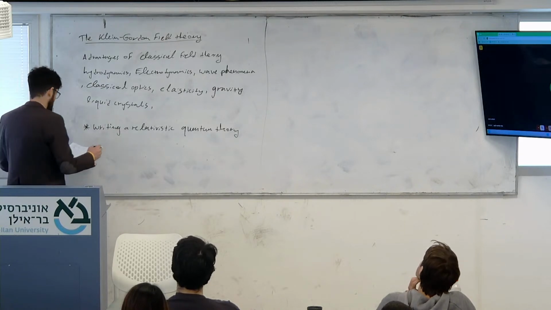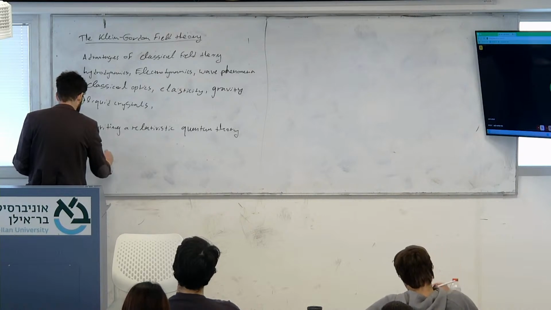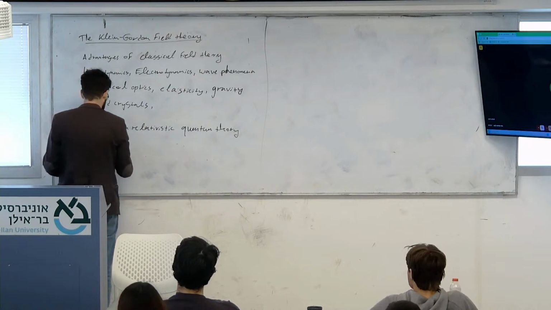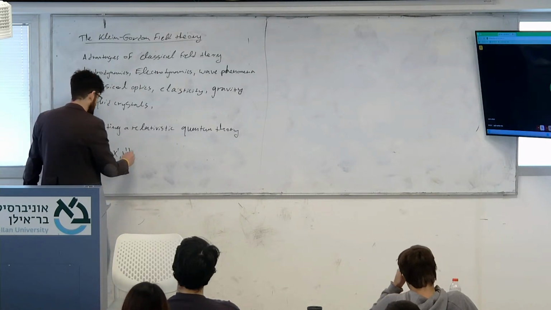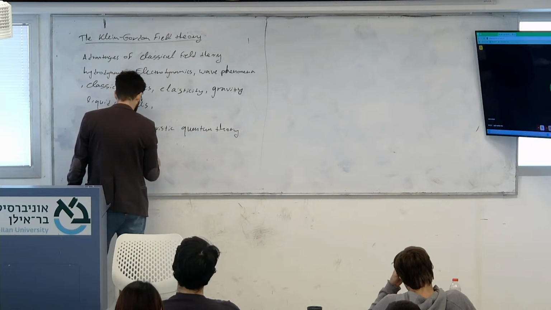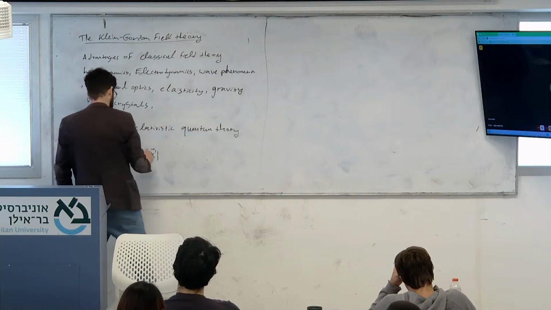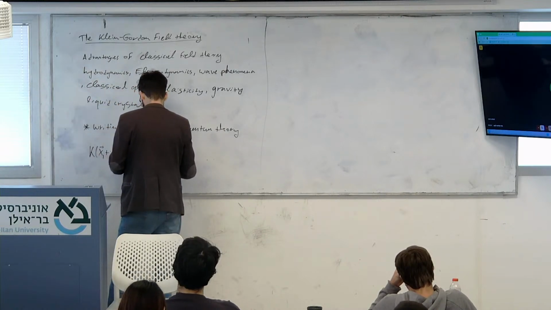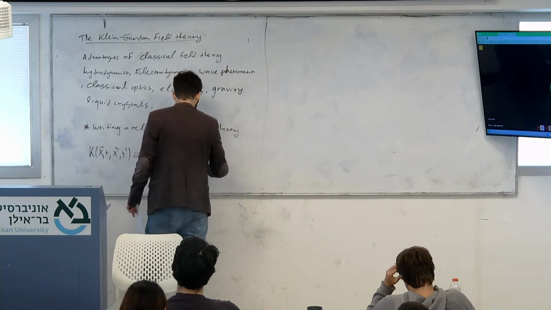So if I write the propagator, K of x and t, x prime and t prime, this is basically the quantity minus iH(t minus t prime) between x and x prime.